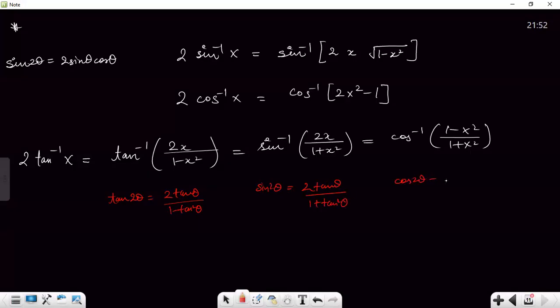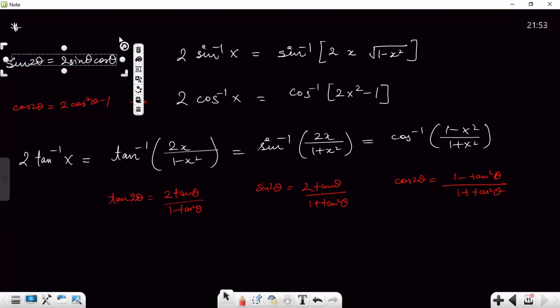Cos 2 theta's formula was 1 minus tan square theta divided by 1 plus tan square theta. Cos 2 theta was also 2 cos square theta minus 1, and sin 2 theta was 2 sin theta cos theta. So this is how the game is played with inverse trigonometric functions.